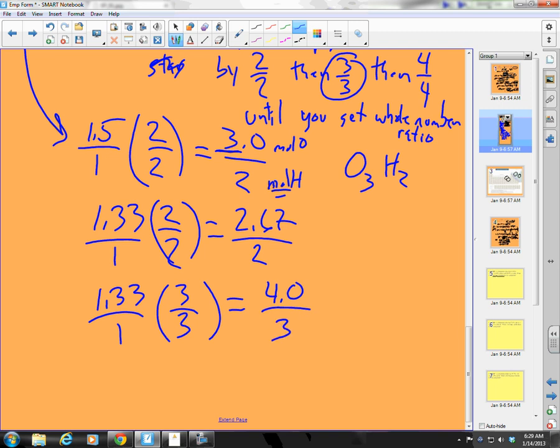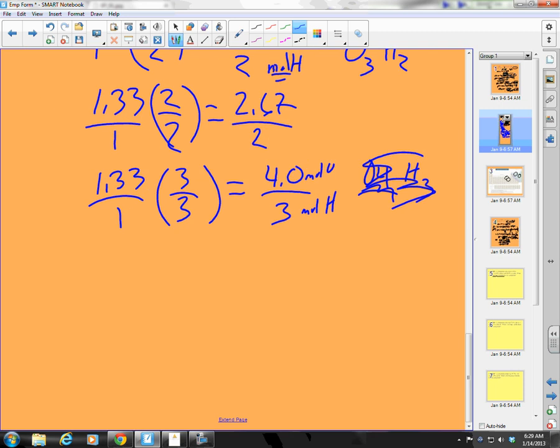Is that a whole number? Yes. And in that case, it would be O4H3, assuming this is moles of O to moles of H. And that all depends, once again, on the actual problem. Don't get hung up on the moles of O or H. Those atoms can change depending on the formula, right? So that's what I mean.